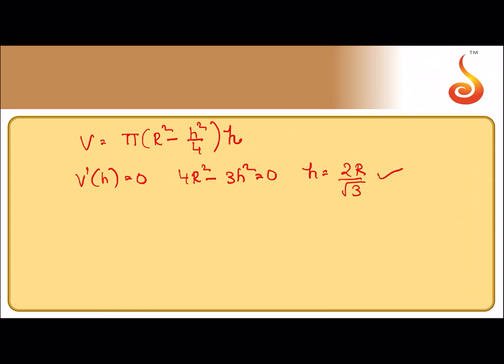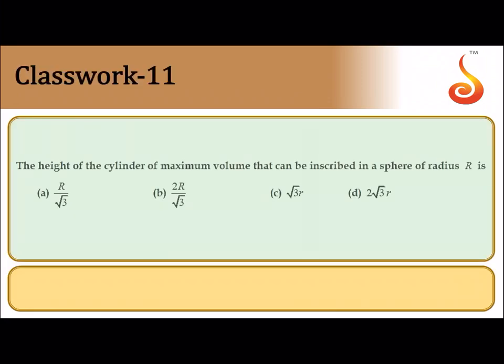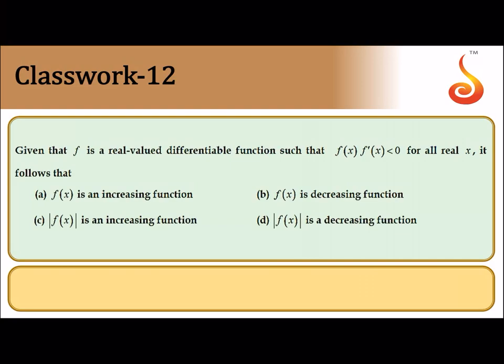From this we get 4r square minus 3h square equal to 0, or h is equal to 2 capital R by root 3. You remember it as a result. So option B is correct.